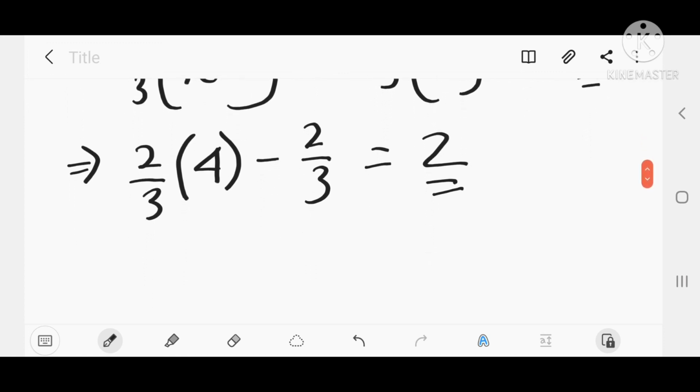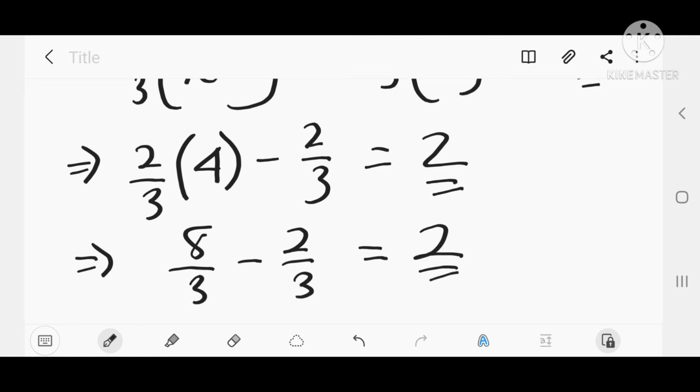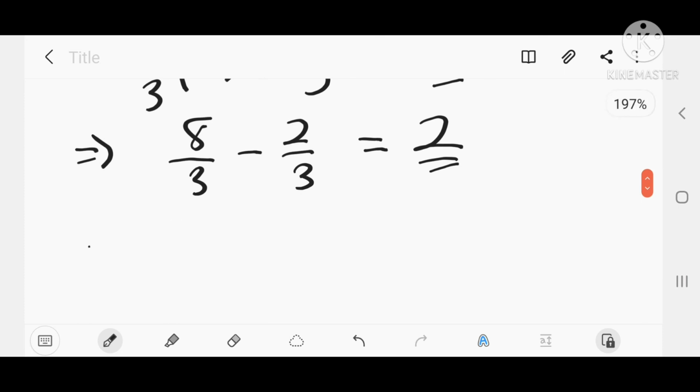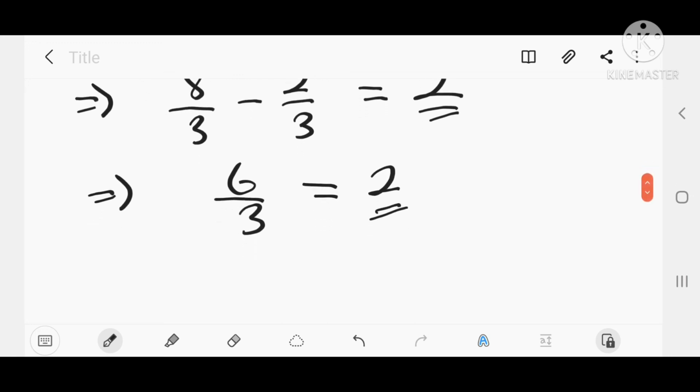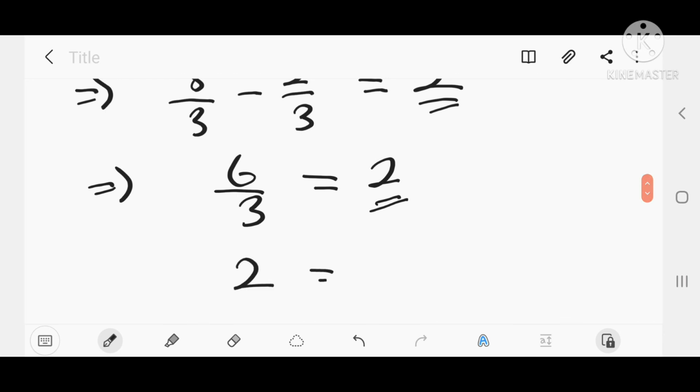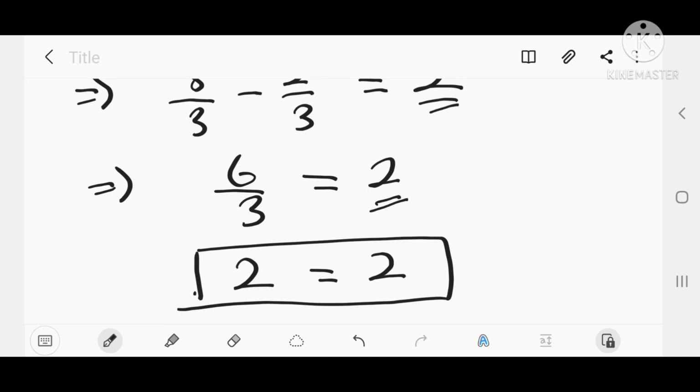So we have 8 on 3 minus 2 on 3, which gives us 6 on 3, which is 2. So we have 2 equals 2. That means we have proven that the integral of the infinite term above is equal to 2. And that is that.